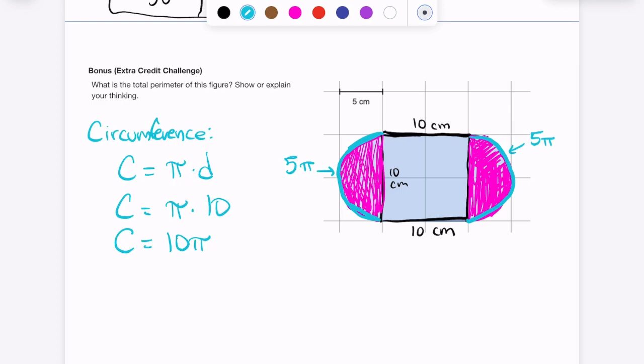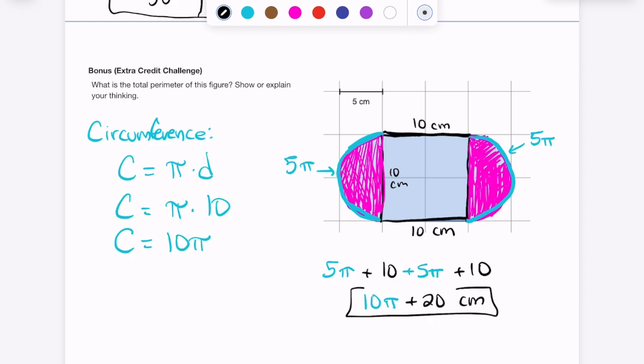So then we can add all those pieces together. We have this 5 pi centimeters plus 10 centimeters plus 5 pi centimeters plus 10 centimeters. And this is going to be exactly 10 pi plus 20 centimeters. That would be the exact answer.